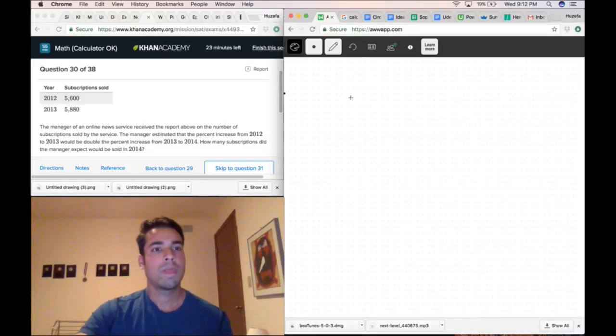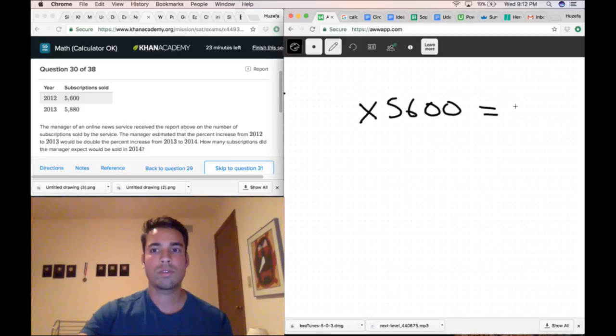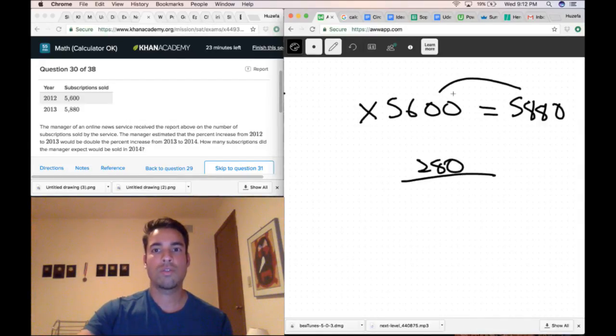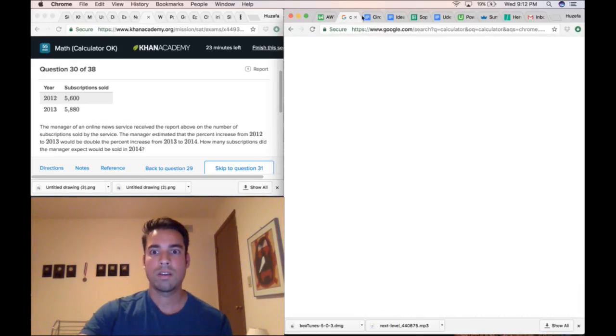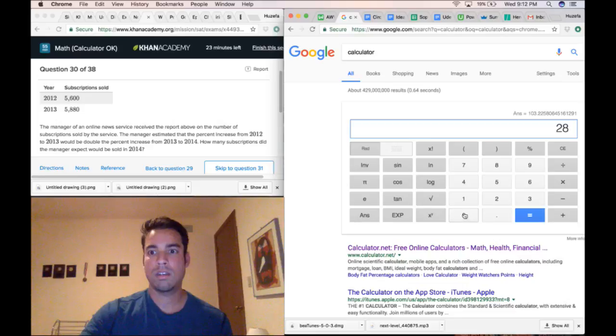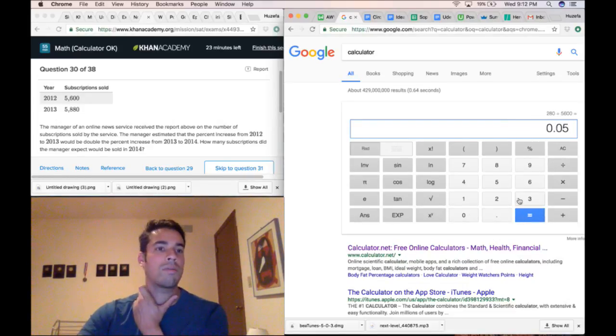So let's figure this out. So the percentage increase, we could say x times 5,600 equals 5880. Actually, let's do it like this. It's gone up by 280. So 280 divided by the original, 5,600, equals, so it's gone up by 5%.